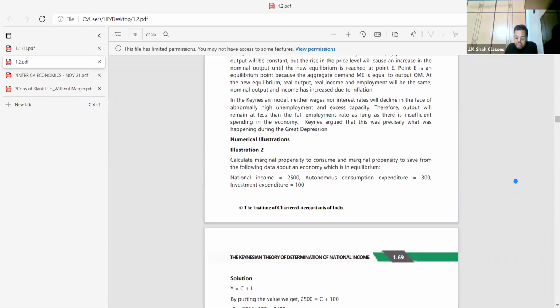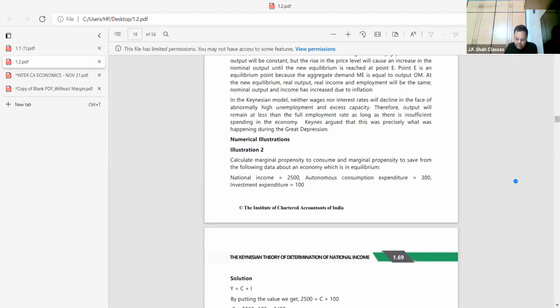Now what information have they given to you? National income is 2,500. Autonomous consumption is 300. Investment is 100. Please listen. I repeat once again: equilibrium is when aggregate demand is equal to aggregate supply. Y is national income, aggregate supply, and C plus I is aggregate demand.